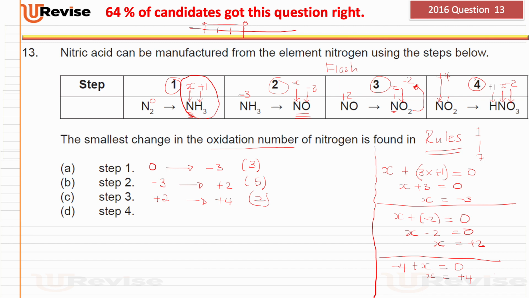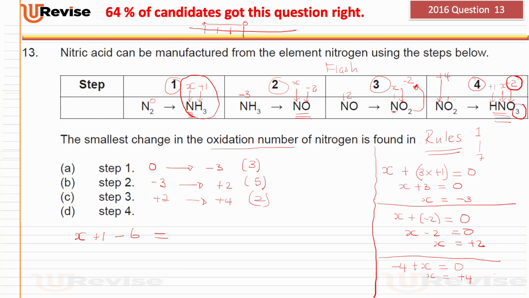Now, if we apply the rule for a compound here, we would say the sum of oxidation states here should be 0. So if we say X for nitrogen plus 1 for hydrogen minus 6. Where am I getting minus 6? If I say 3 lots of oxygen, each one with an oxidation state of -2, 3 times -2, we get -6.